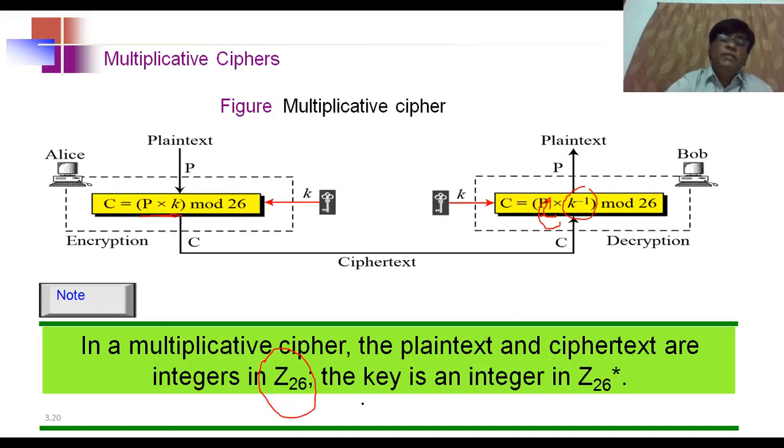But the key value, what I am using for k, should be in Z26 star. Z26 star is the multiplicative inverse table, which contains the integers and their multiplicative inverses. That's why the key value should be in Z26 star.